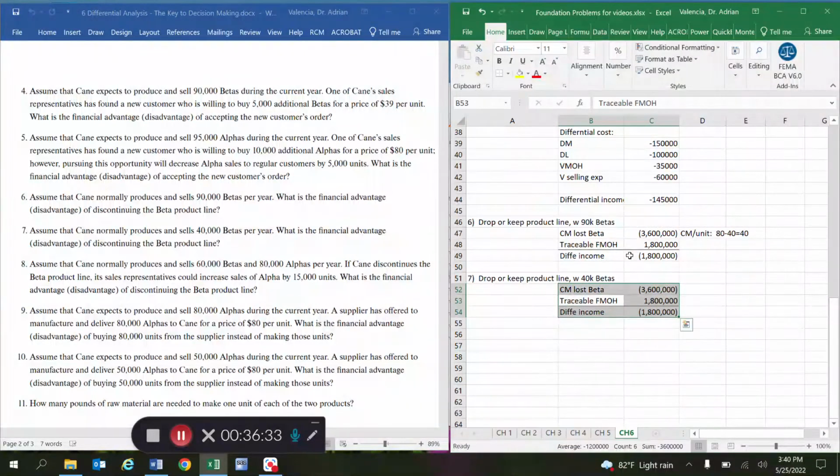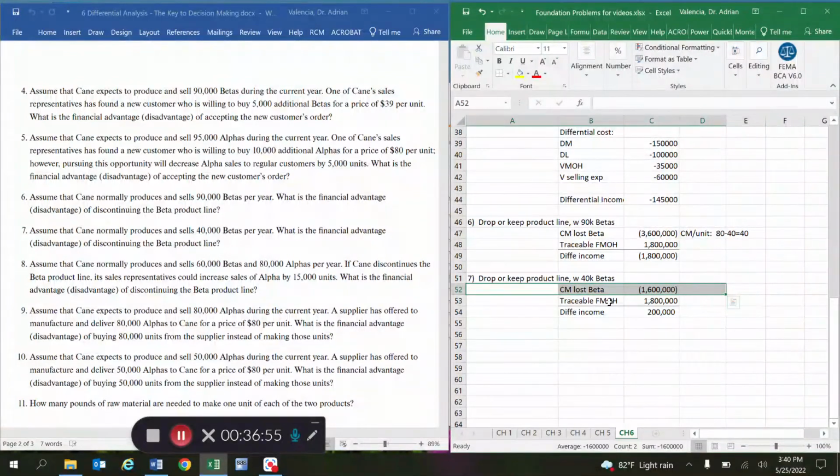This is not 90,000. This is 40,000 times 40K units. So in other words, if we are producing and selling only 40,000 betas, their contribution margin is still positive. It's 1.6 million.